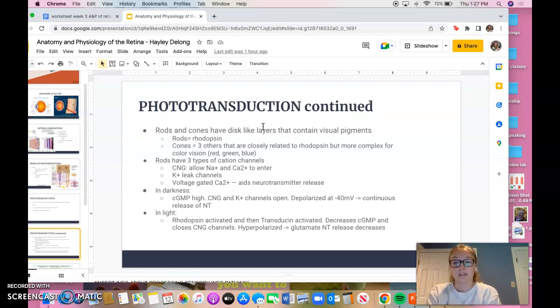In the next two bullet points here is more information about how they work. In darkness, the cyclic GMP, which is basically a nucleotide as well, allows the CNG and potassium channels to open, and then the cell is depolarized. So there's a continuous release of glutamate, which is an excitatory neurotransmitter. In light, rhodopsin is activated, and then transducin is also activated.